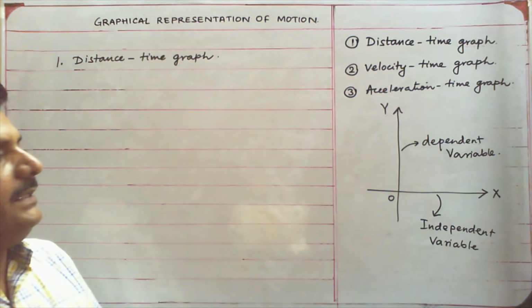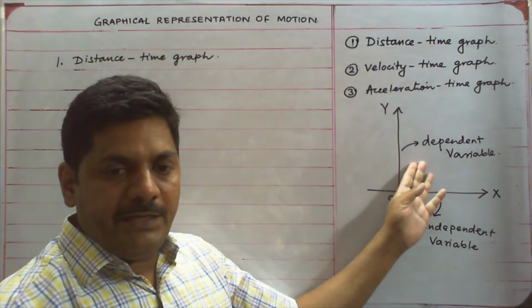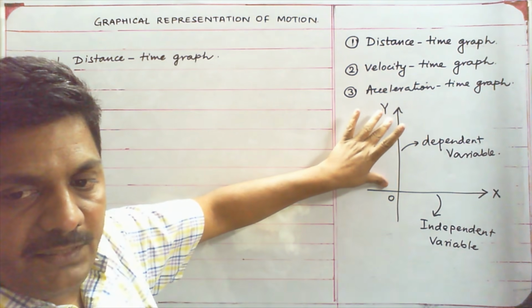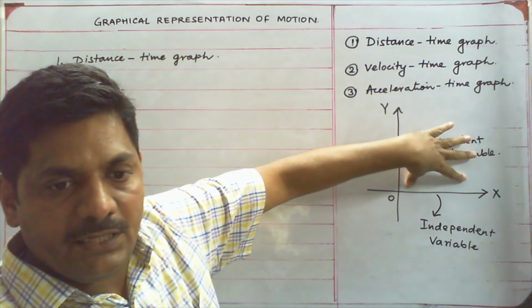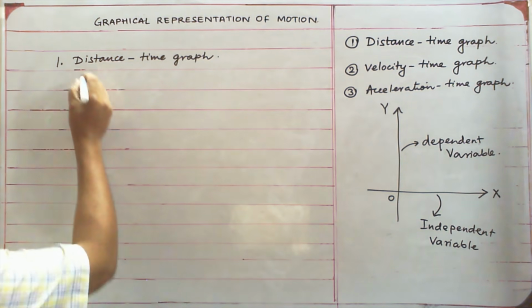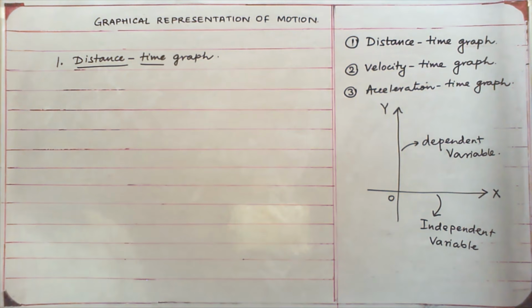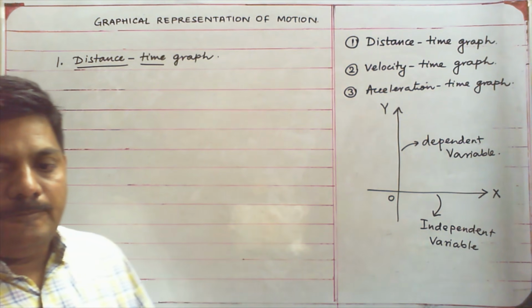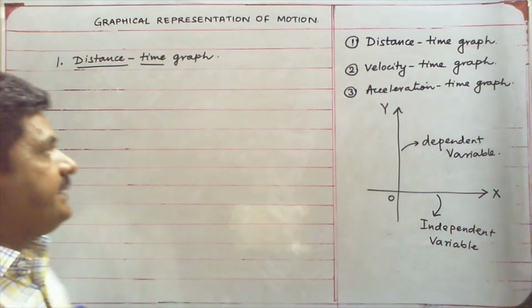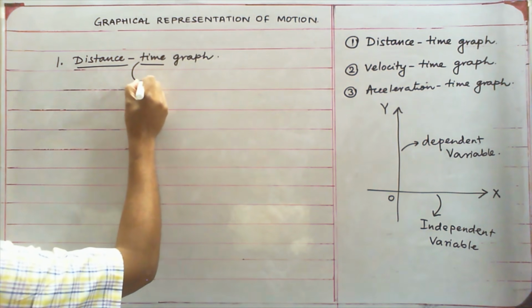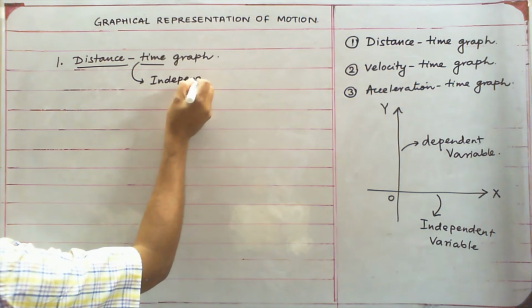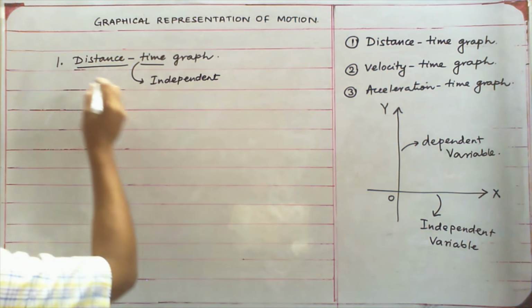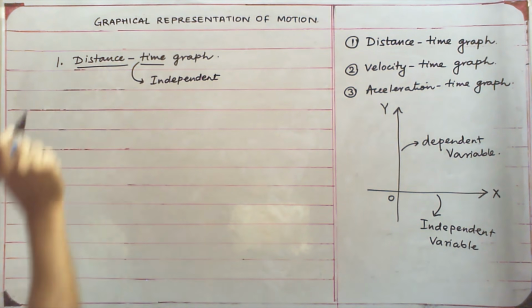Now there are two variables, independent variable and dependent variable. The dependent variable is always taken on the y-axis, whereas the independent variable is taken on the x-axis. Now if you look at these two, distance and time, time is always independent and distance depends on time.